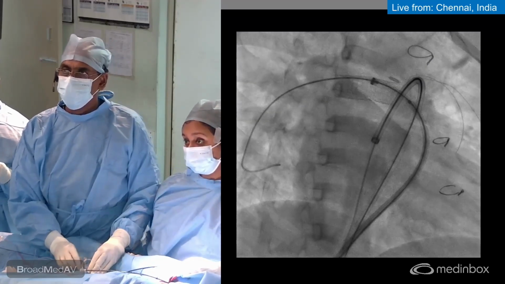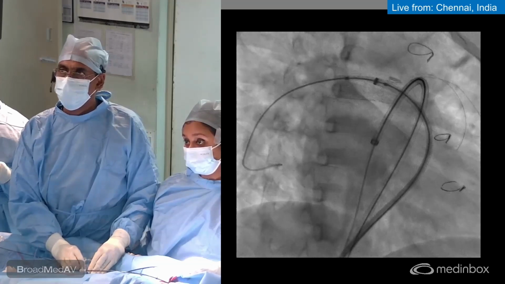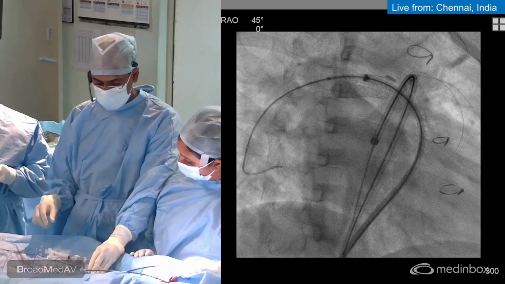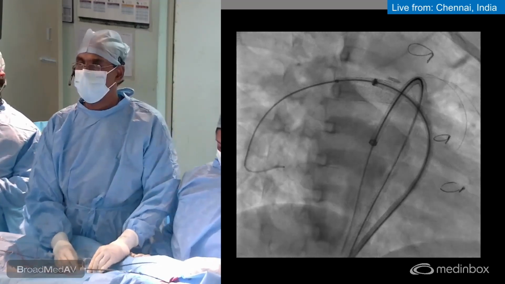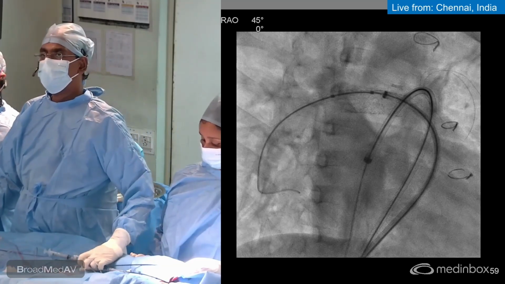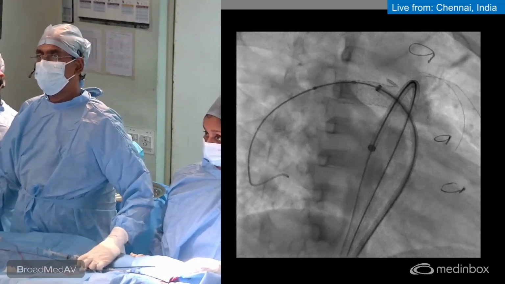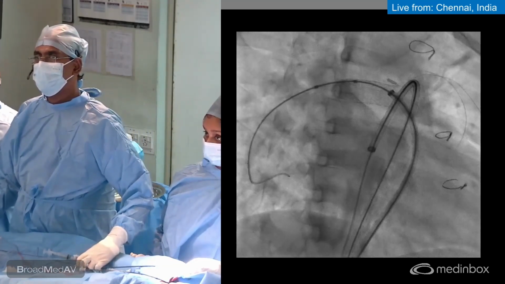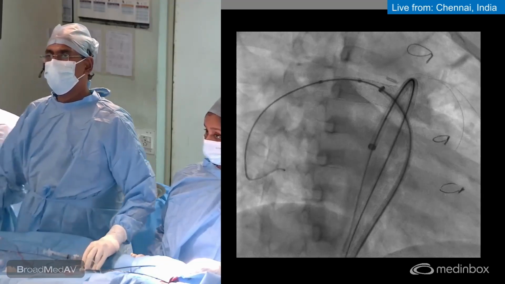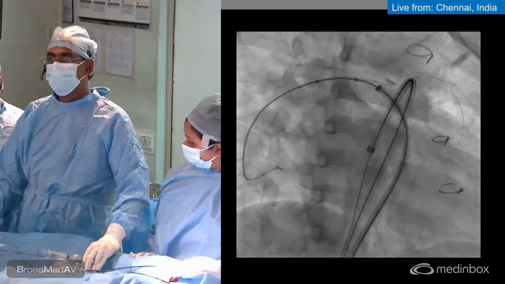So in those cases, we may have to do, okay, first we will target the distal left pulmonary artery and then come to the proximal left. I will unsheath. Okay, now can you inflate first?